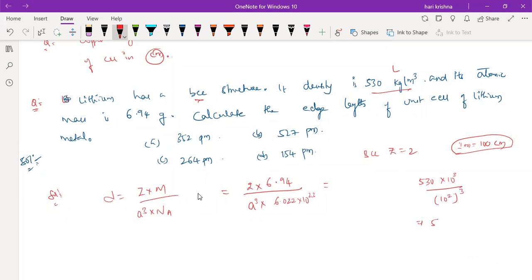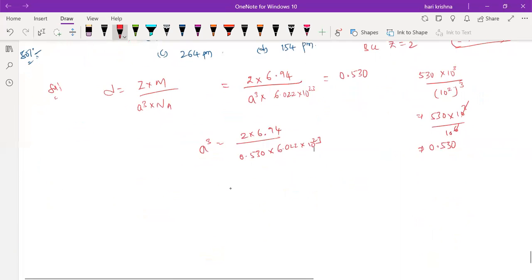So 530 into 10 cube by 10 power 6. When you cancel these, you'll get 0.530. So a cube is equal to 2 into 6.94 by 0.530 into 6.022 into 10 power 23.